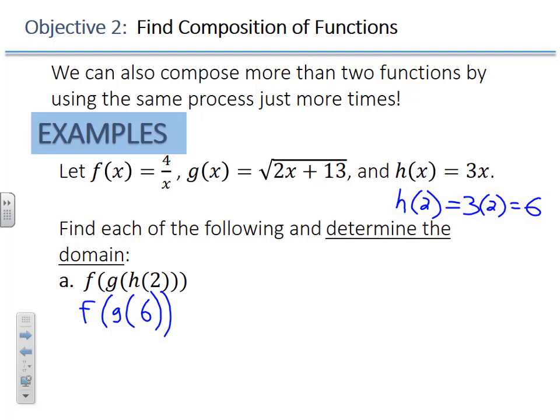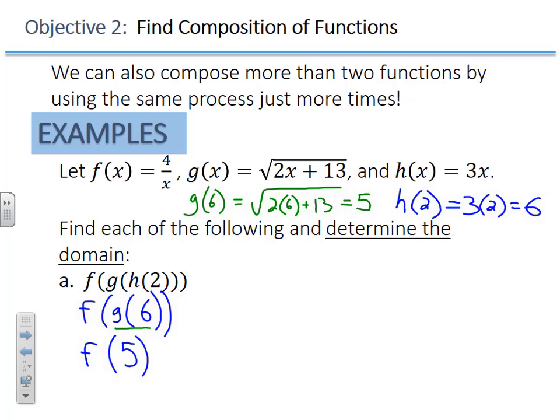Now we can go ahead and figure out what g of 6 is as well. g of 6 is equal to the square root of 2 times 6 plus 13. In other words, that's the square root of 25. That's equal to 5. So this becomes f of 5.